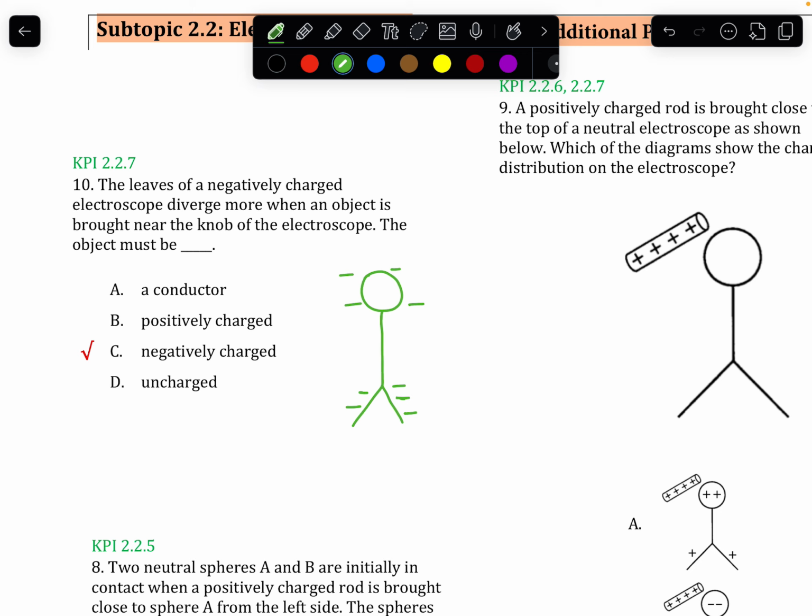The object must be, so basically I need to have electrons going down, so it should be negative. Negative electrons going down for further repulsion.